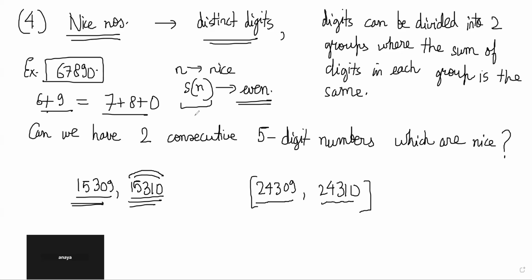So if S of n and S of n plus 1 are both even, then what you will realize is that n should end with an odd number of nines. The reason is that an odd number of carryovers should happen, 1 or 3 or 5.